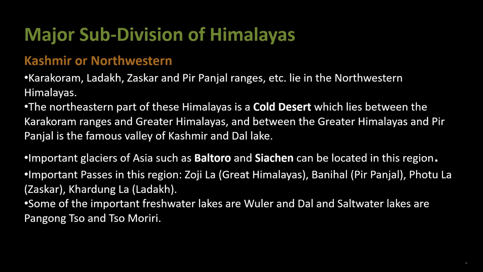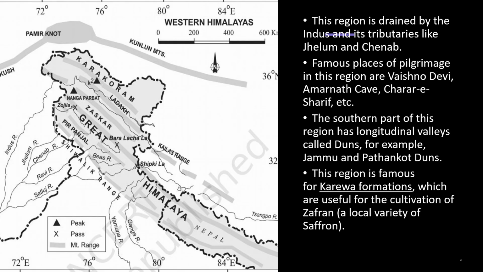Important passes in this region: Zojila, Banihal, Pir Panjal, Fotula, Zanskar, Kardingla, Ladakh. Some of the important freshwater lakes are Wular and Dal, and saltwater lakes are Pangong Tso and Tso Moriri. This region is drained by the Indus and its tributaries like Jhelum and Chenab.